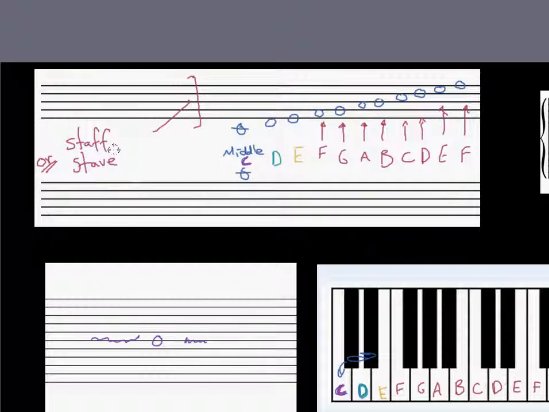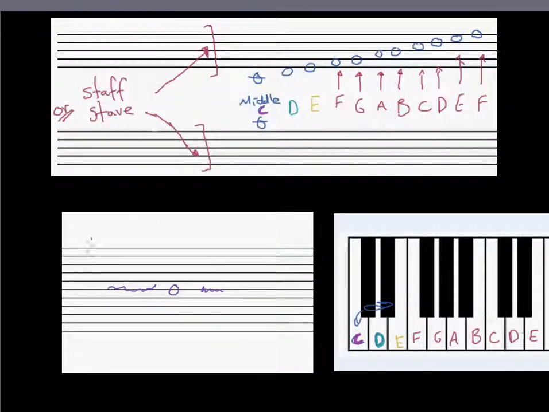I think the reason is probably an English language problem, in that we have things like roof and roofs, and hoof for a horse and then hooves, so we have this F to V problem. Two staves were always called staves, but I've heard staffs as well. The important thing to remember is that they are interchangeable. This is a staff, or this is also a stave, a set of 5 lines.